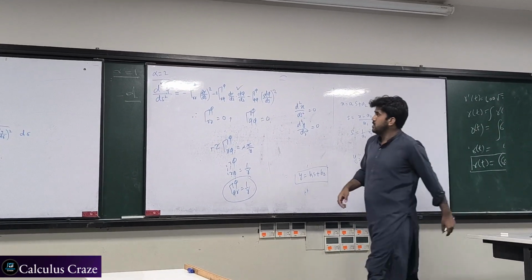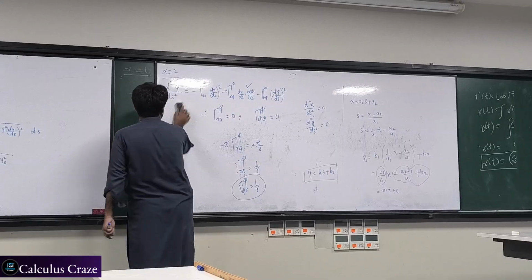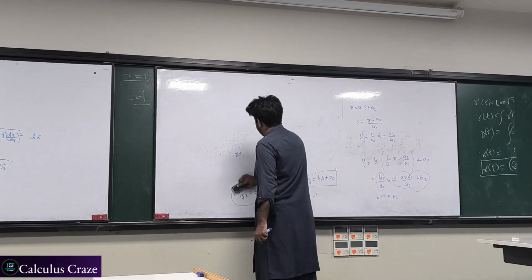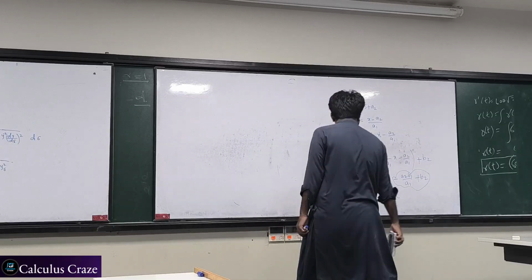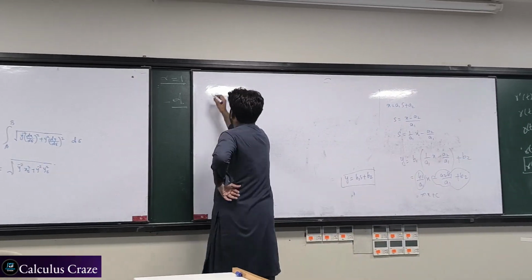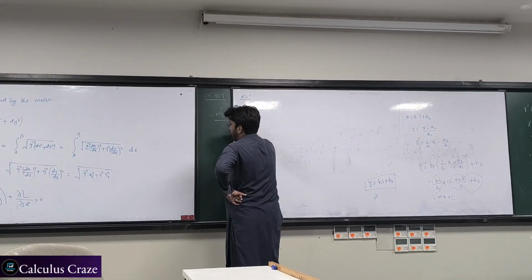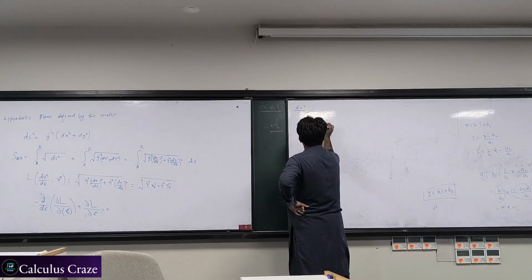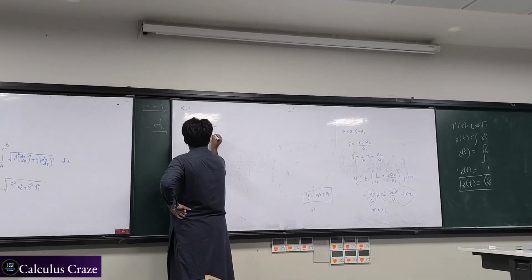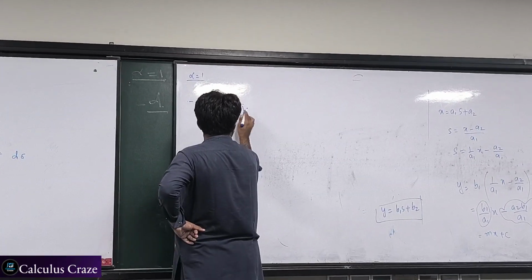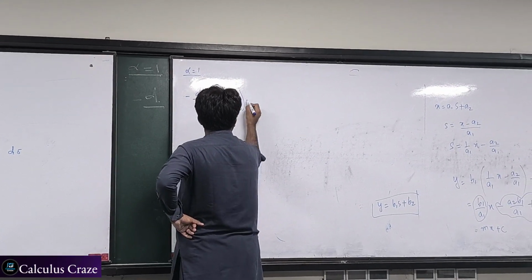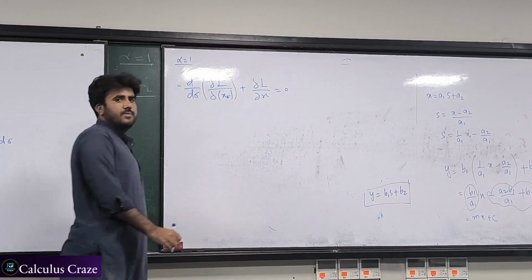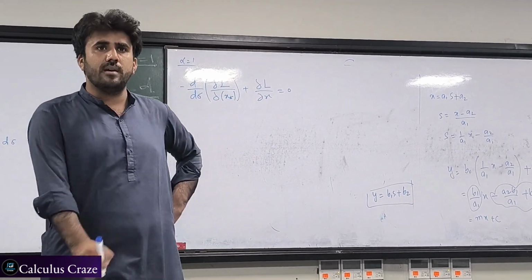Help me out. What do I need to compute now? With alpha 1, x1, we need the derivative with respect to sigma of partial L by partial x sigma, plus partial L by partial x equal to 0, so this will give me the first equation for geodesics.